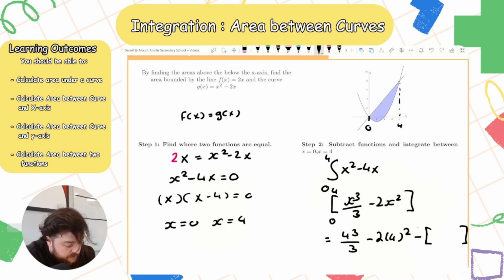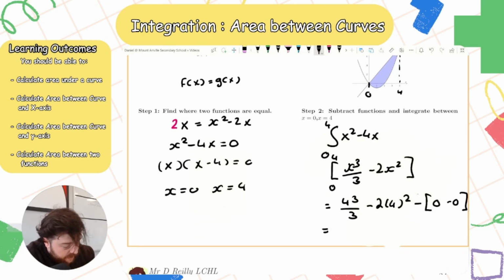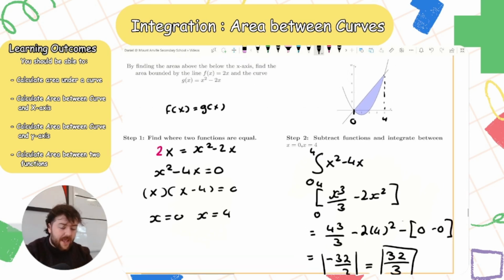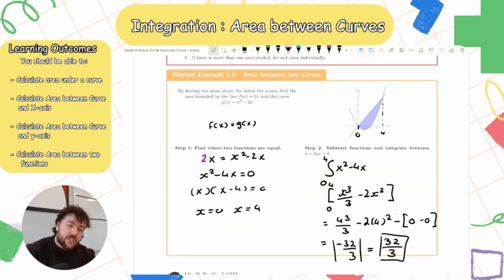Well, 0 cubed over 3 is just 0, and then minus 2 times 0 squared is just 0. So I'm left with 4 cubed divided by 3 minus 2 times 4 squared, which is equal to minus 32 over 3. But again, we can't have negative area, so it's just going to be positive 32 over 3. And bada boom, bada bing, that is the area between two curves.